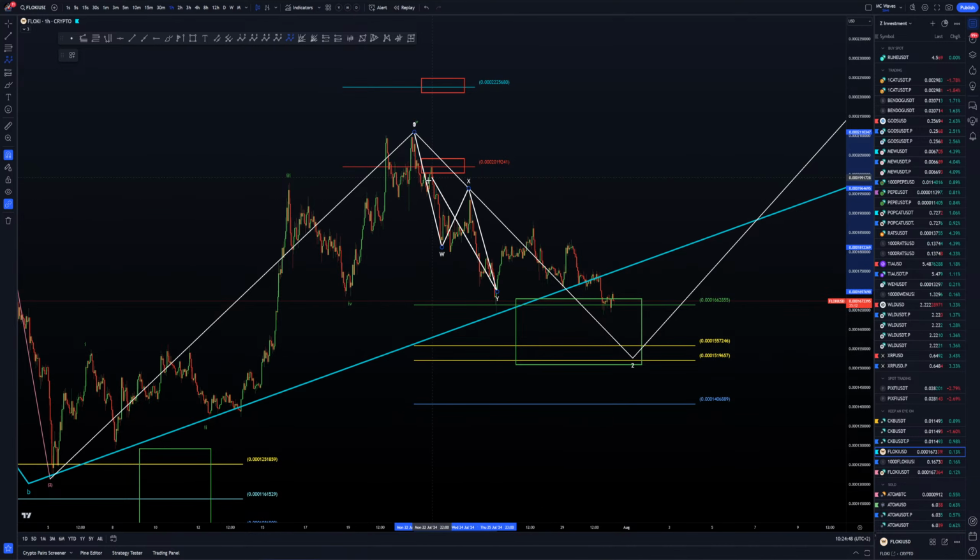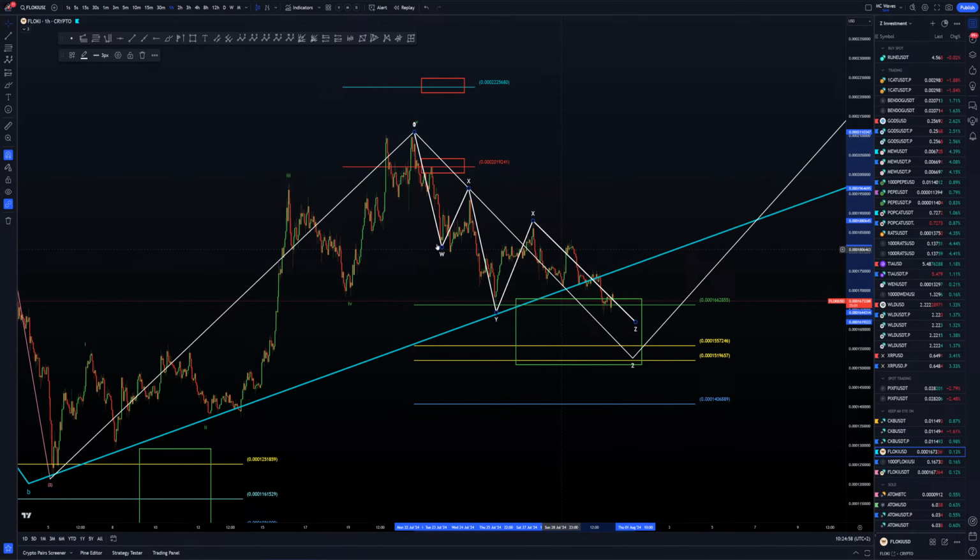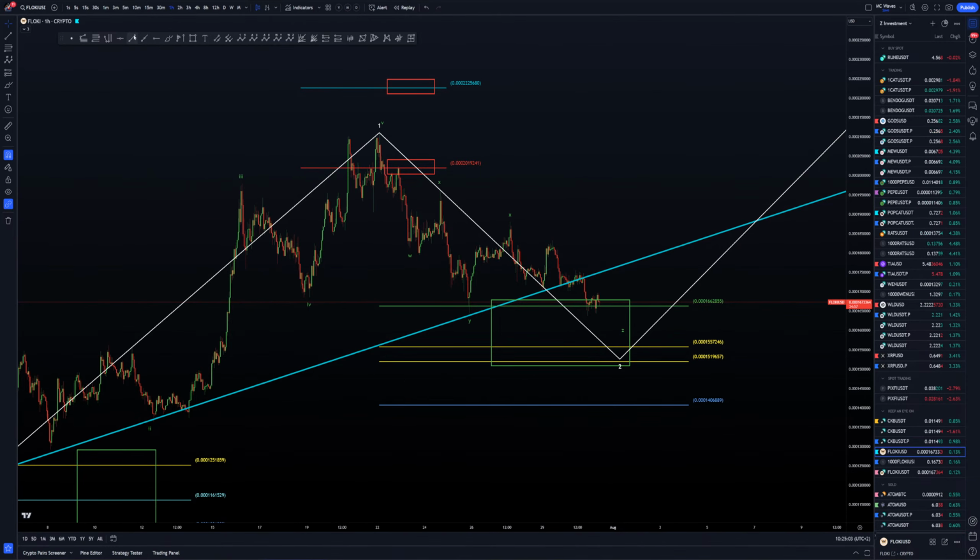Do we have the good stuff in here? Yes. Let's add some blue, green like this. Just gonna double check here the targets.